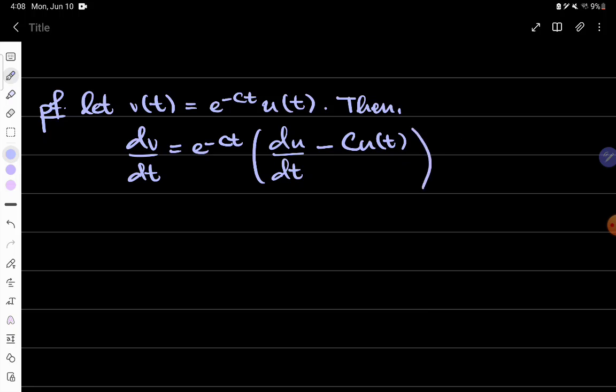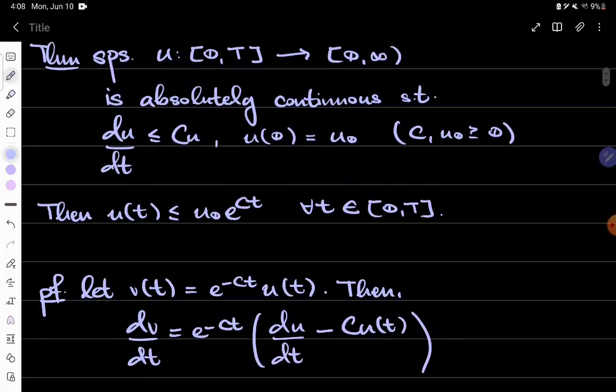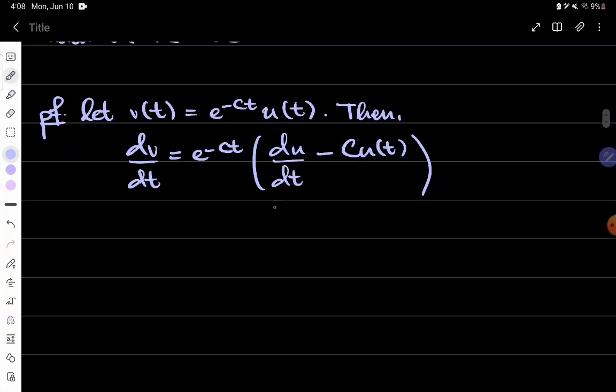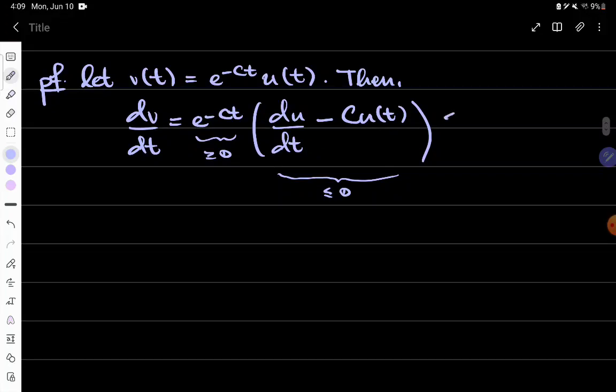And since we have the inequality that du/dt is bounded above by c times u of t, this term is, of course, going to be non-negative, being an exponential. So then the product of these terms is going to be less than or equal to 0.